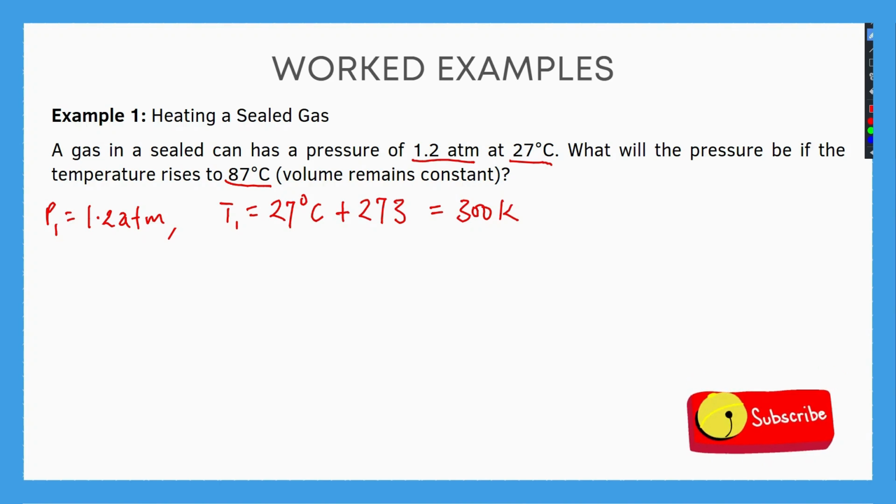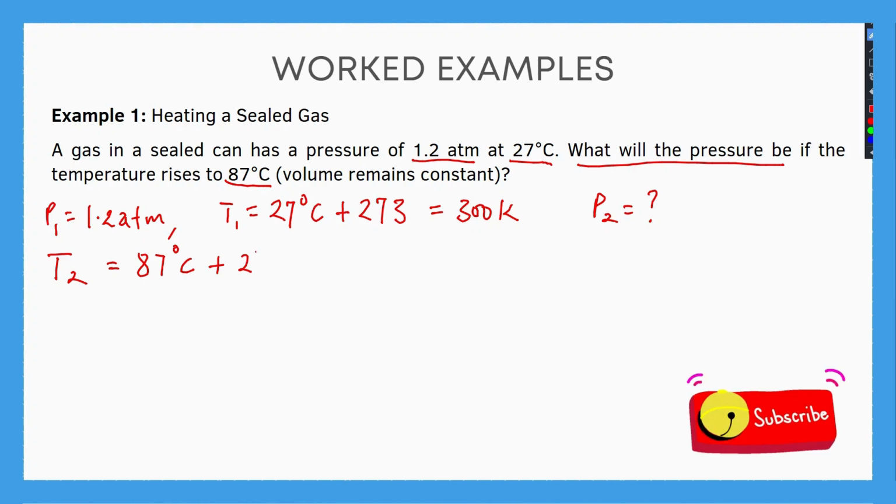So we have P1, we have T1. The question now says, what will the pressure be? Which means we're looking for P2, or the final pressure, if the temperature rises to 87 degrees Celsius. So T2 is equal to 87 degrees Celsius. So let's convert this to Kelvin by adding 273.